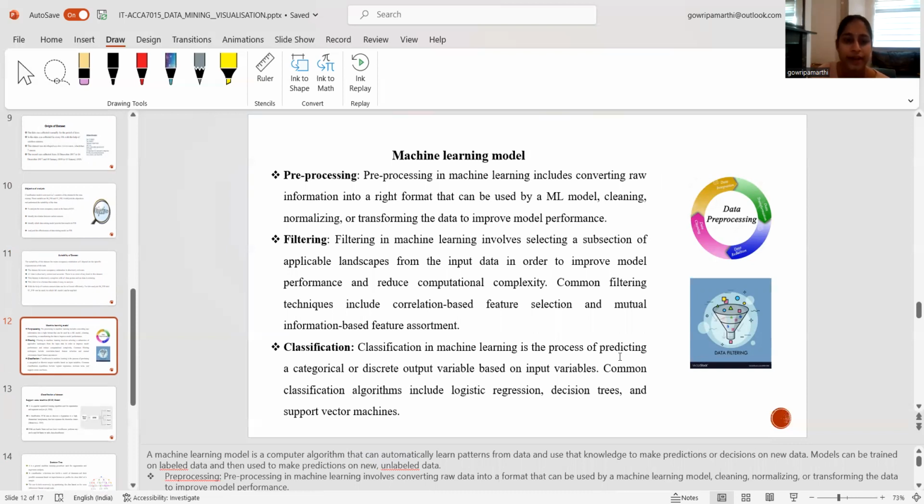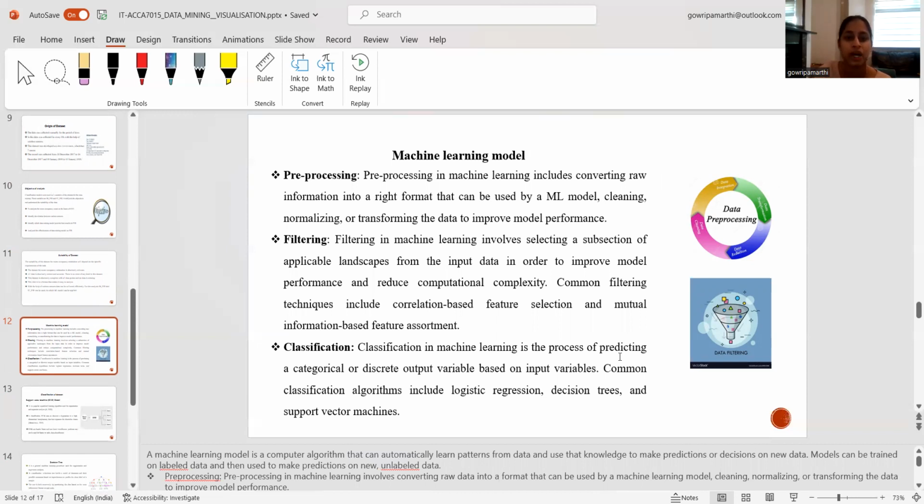In this machine learning model, there are 3 major parts: pre-processing the data, filtering the data, and classification of the data. Pre-processing. What is pre-processing? Pre-processing in machine learning includes converting raw information into the right format.